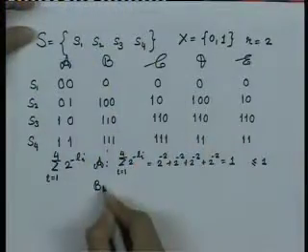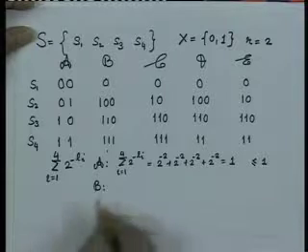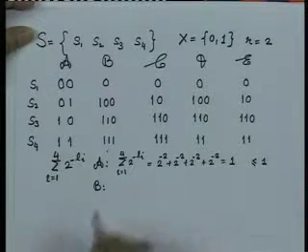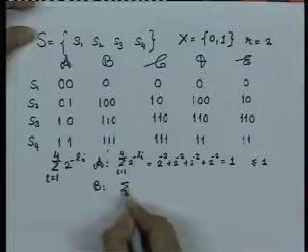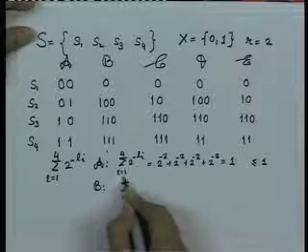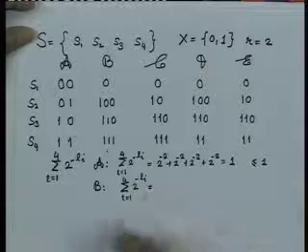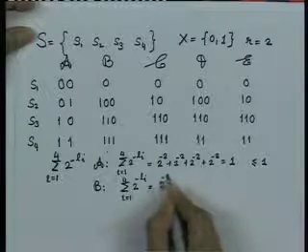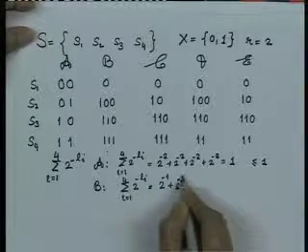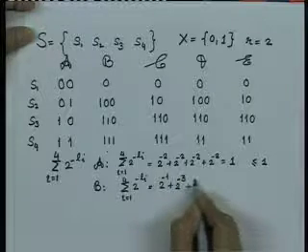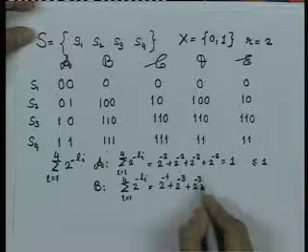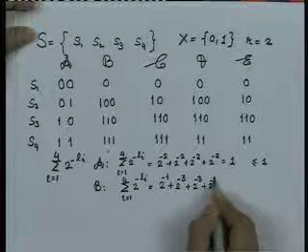Let us evaluate the same inequality for the code B. For code B, if I evaluate this, 2 to the minus li comes out as 2 to the minus 1 plus 2 to the minus 3 plus 2 to the minus 3 plus 2 to the minus 3.